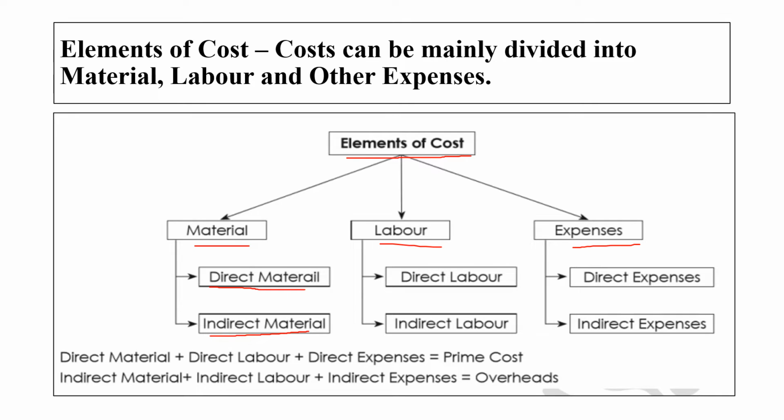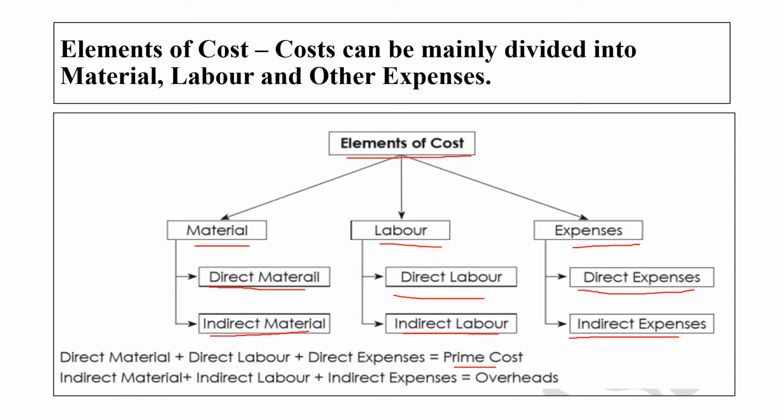Labor is again divided into direct labor and indirect labor, and expenses are again divided into direct expenses and indirect expenses. When we add direct material, direct labor and direct expenses together, we get the prime cost.